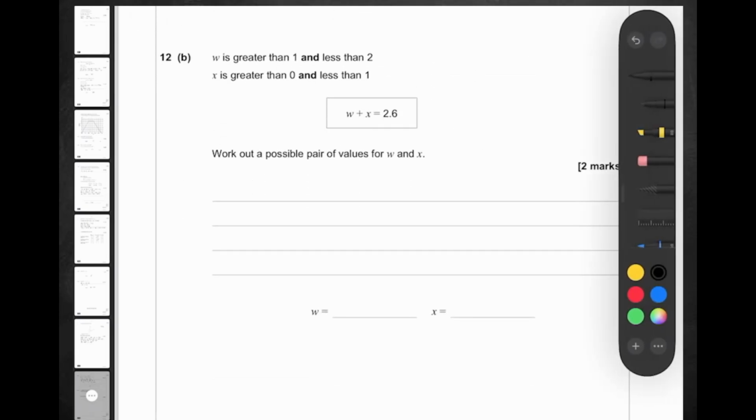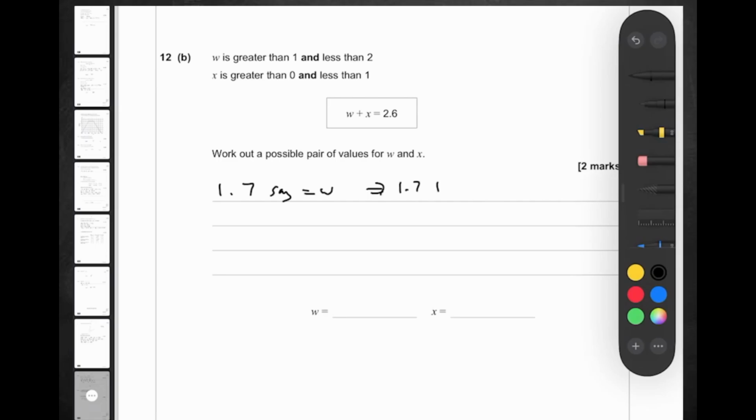Part B. W is greater than 1 and less than 2. X is greater than 0 and less than 1. Work out a possible pair of values for W and X. So W is between 1 and 2, so let's say W is 1.7. Say W plus X equals 2.6.